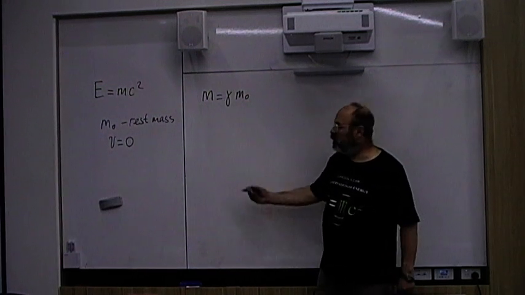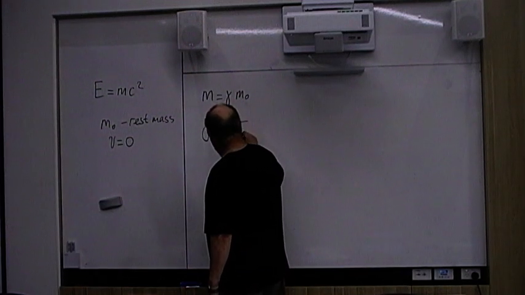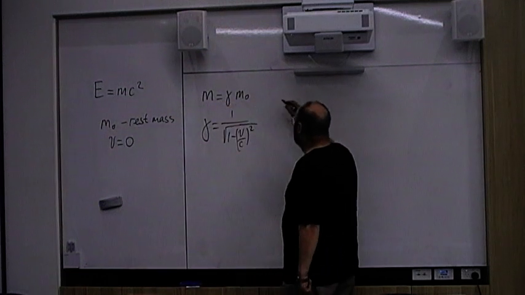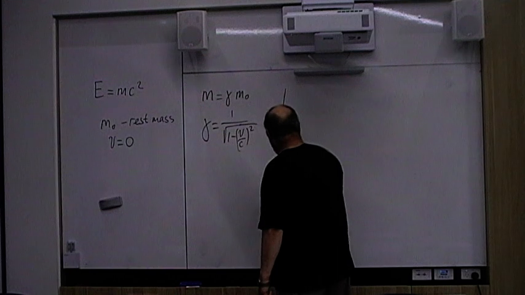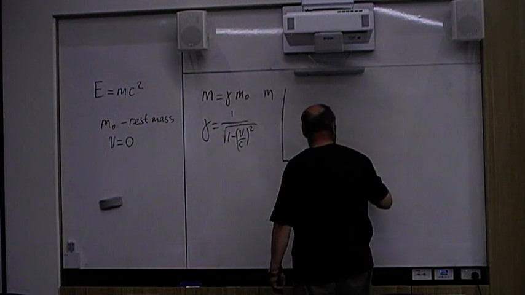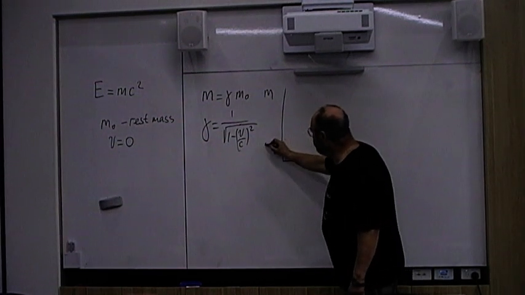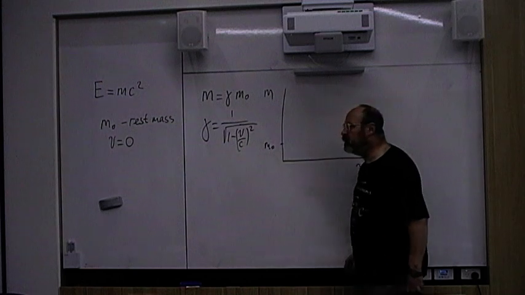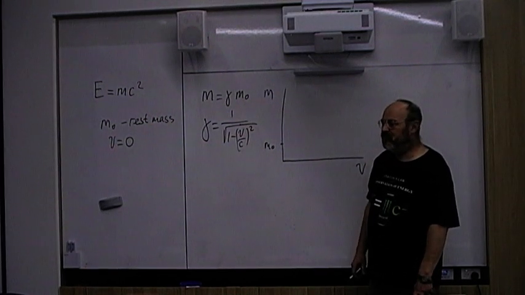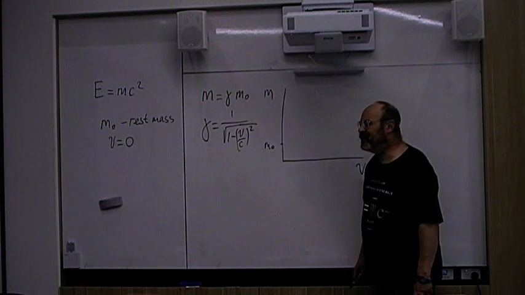If you recall, gamma is 1 over the square root of 1 minus v over c, squared. And if you sketch a graph of mass against v, starting at m0, the rest mass, how will the graph look?